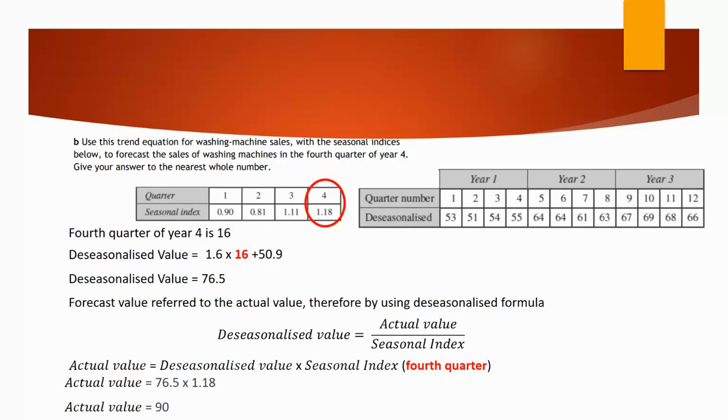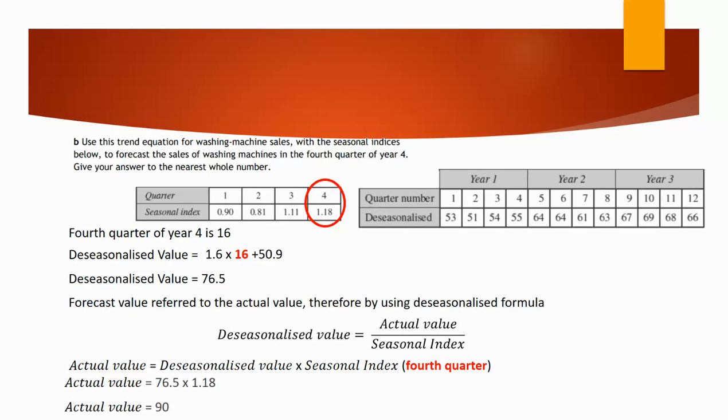If the question asks you to find the validity, do you still remember previously I mentioned that if the value is interpolated, then the prediction is reliable. If the value is extrapolated, it is not reliable. But for this case, we cannot have any values in between the quarters or seasons.